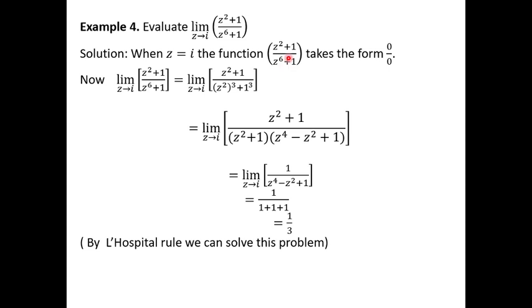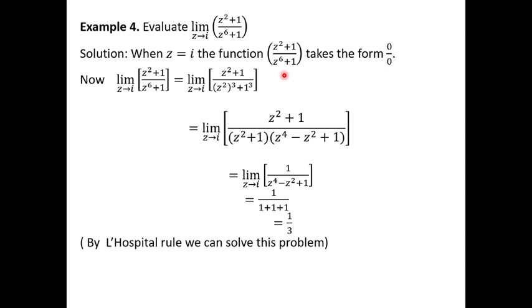So 2 by 6 is 1 by 3. Then z by z to the power of 5 means 1 by z to the power of 4. Now z tends to i, which means we can put z equal to i. 1 by i to the power of 4 means what?